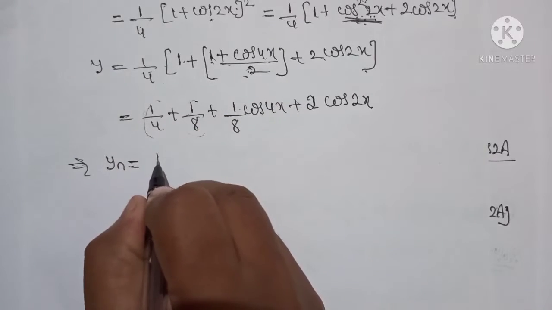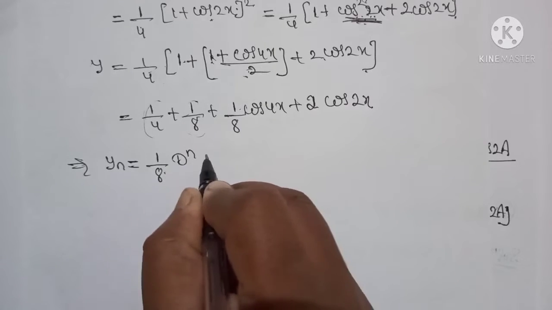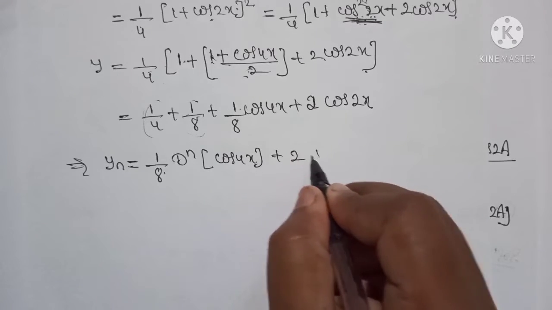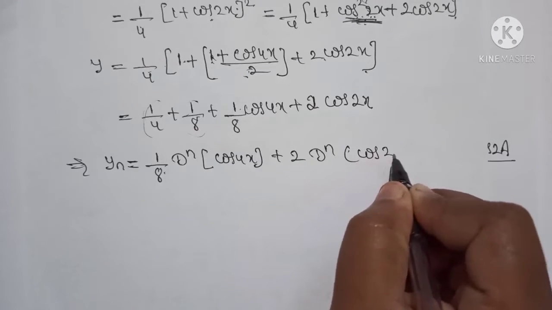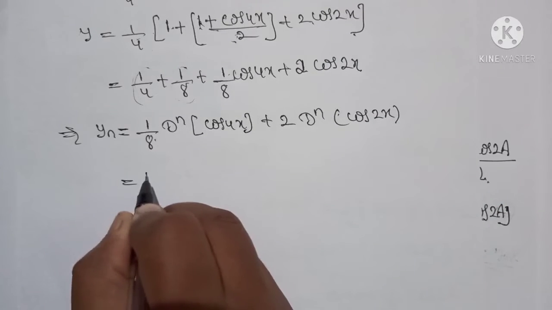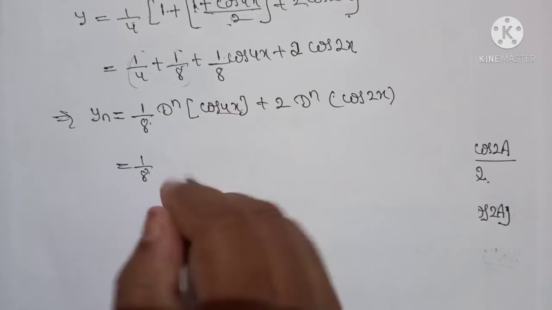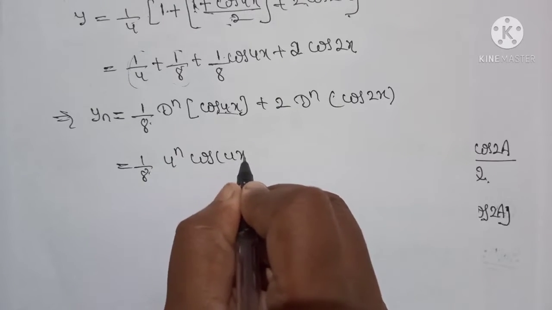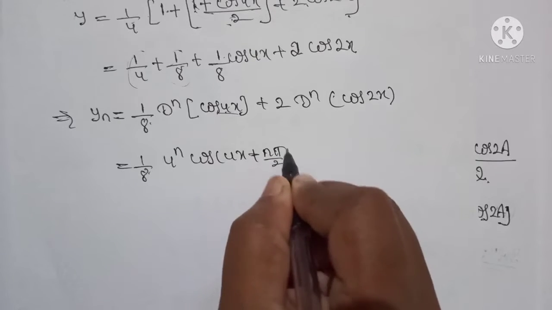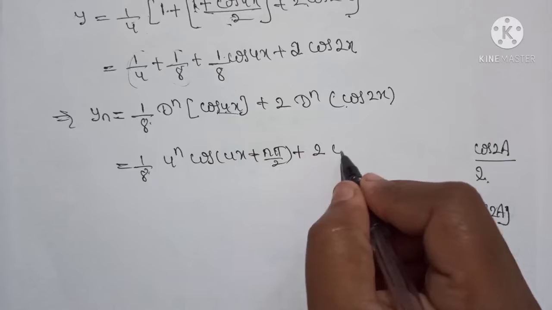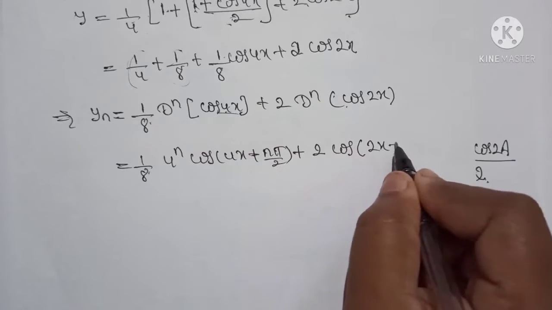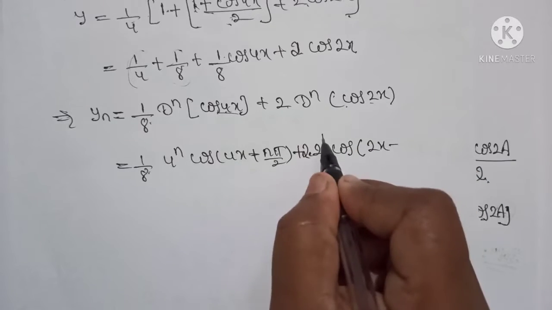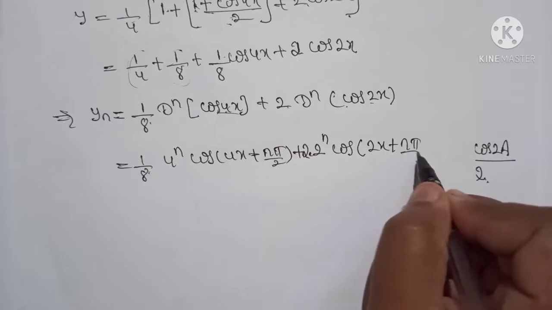We directly apply: 1 by 8 nth derivative of cos 4x plus 1 by 2 nth derivative of cos 2x. Applying the formula, we get a raised to n, that is 4 raised to n cos of 4x plus n pi by 2, and here the value of a is 2, therefore 1 by 2 into 2 raised to n cos of 2x plus n pi by 2.